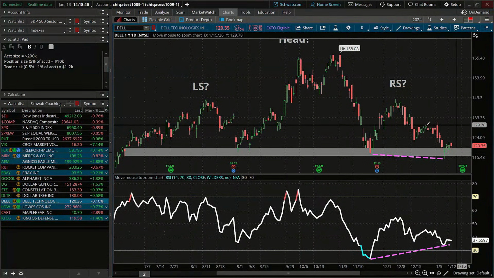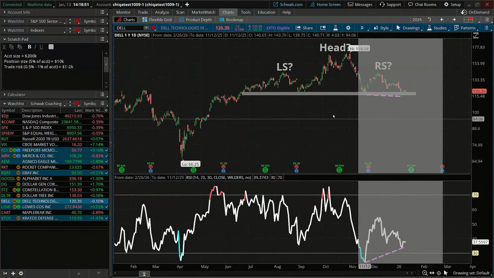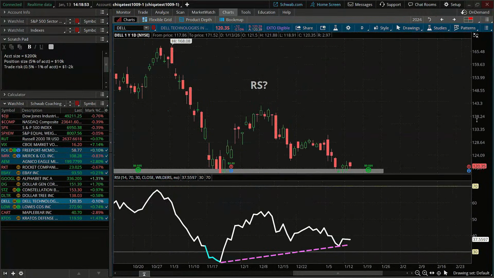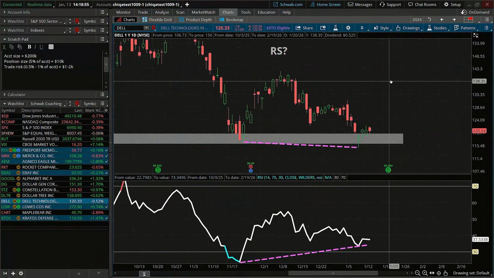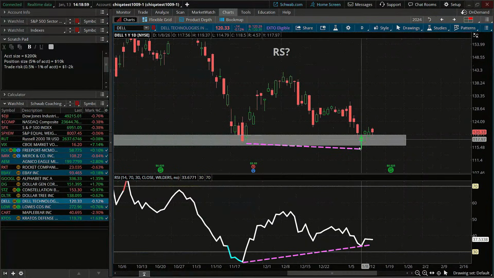So what did we actually see in price if we zoom a little bit closer? I'm going to zoom in closer here. We saw a little bit of a hammer candle at these lows. And a hammer candle is really telling us at lows that that could be a possible bullish reversal.